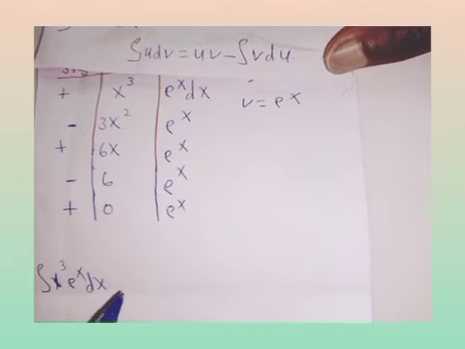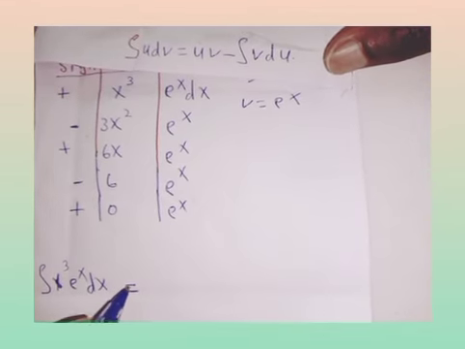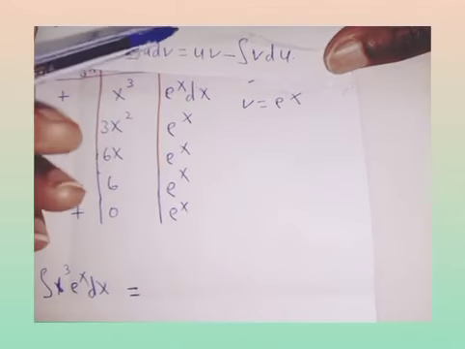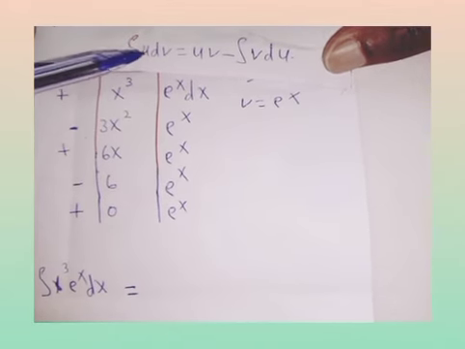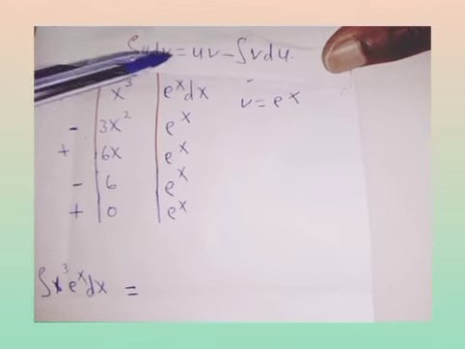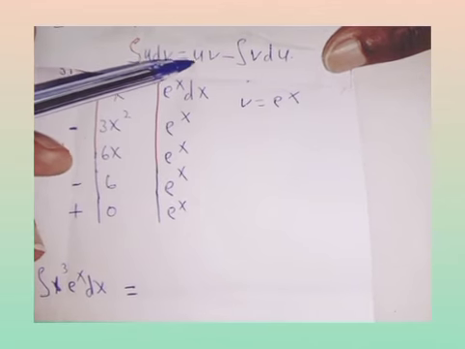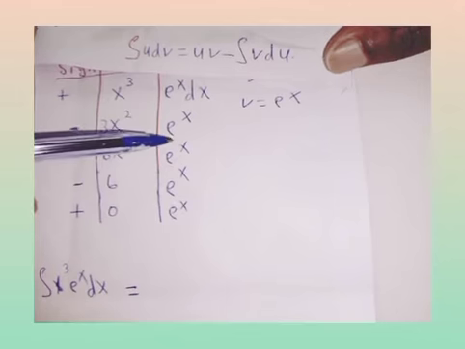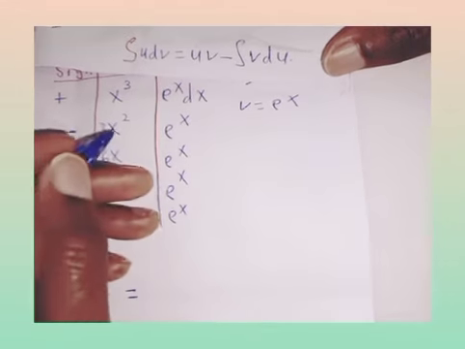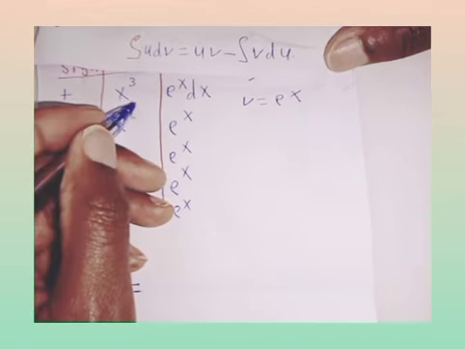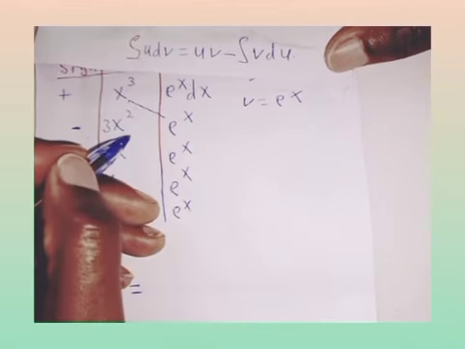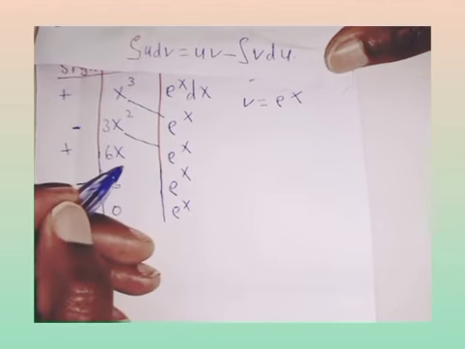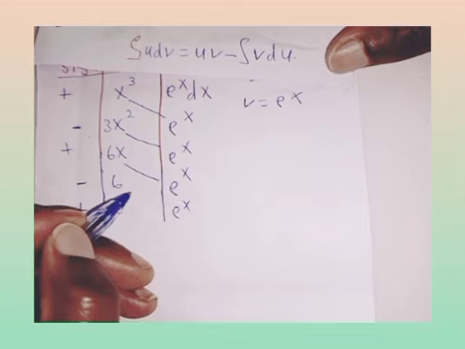So in the first formula you can see our u is x cubic. The first one will be your u, which is x cubic, multiplied by the v, which is this one. So this is what you are going to have. You multiply this, that one, this other one, and that other one.